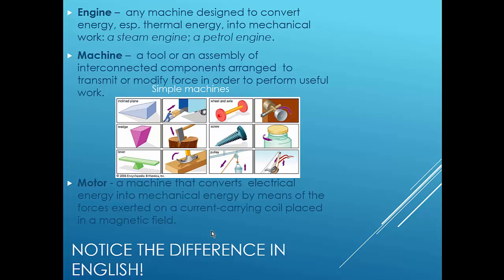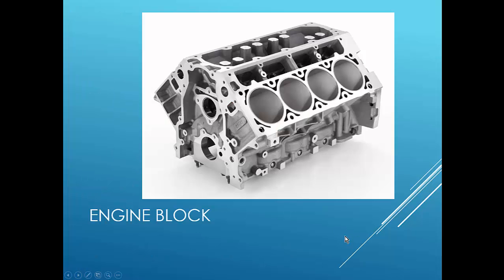So that's using electrical energy to convert it into mechanical energy, into work. That to us is a motor, an electrical machine, converting electrical energy into work, mechanical energy. So I really want you to notice a difference in English between these 3 words. They're very key. Okay, so now we're going to look at the parts of an engine.